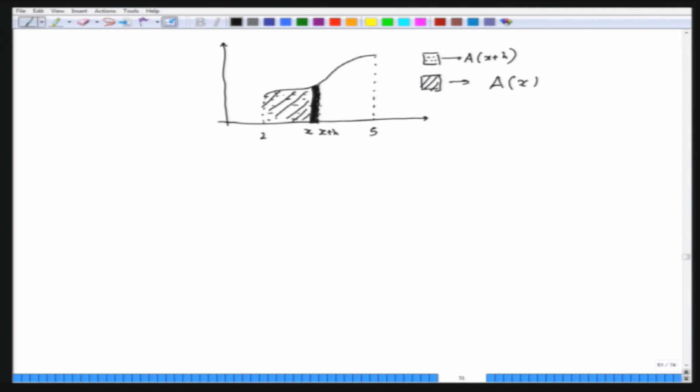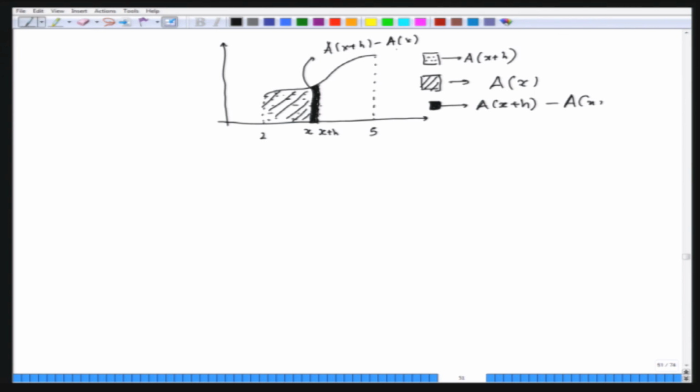So, we can approximate it to be a rectangle. Approximation is also one of the key ideas in mathematics. Now, this shaded area, this black area, is your A of x plus h minus A of x.